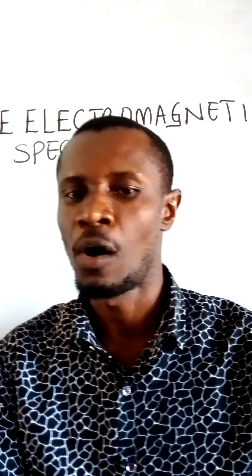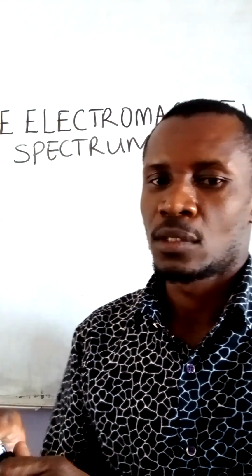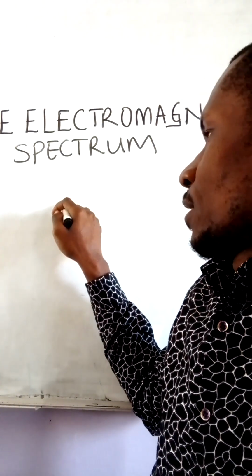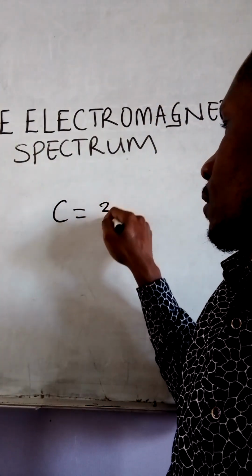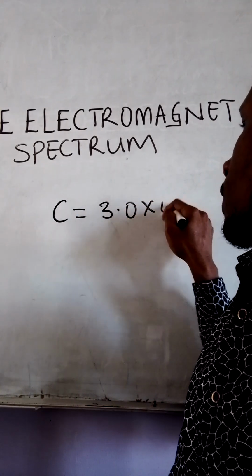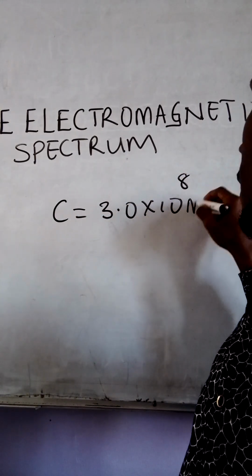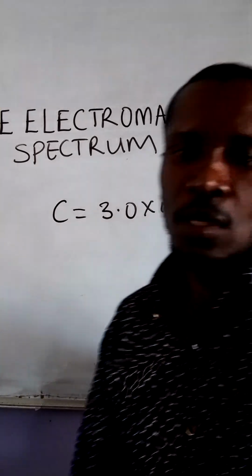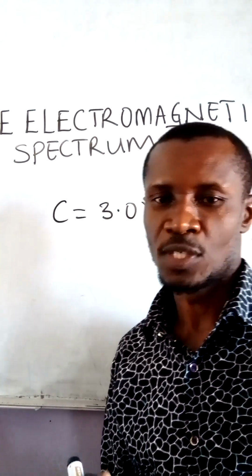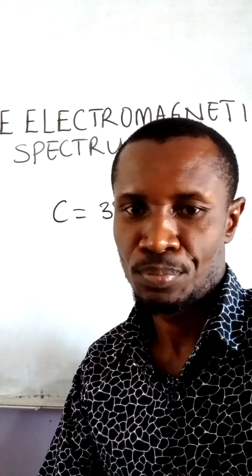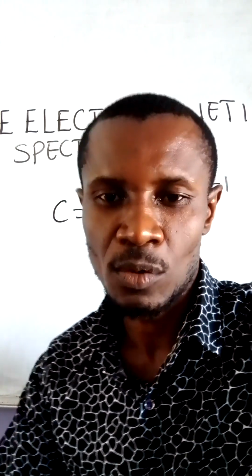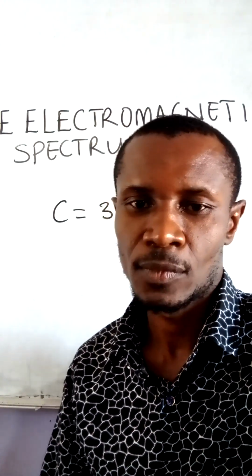In vacuum, all the electromagnetic waves travel at the speed given by c = 3.0 × 10^8 meters per second. So this is the numerical value of the speed traveled by all electromagnetic waves in vacuum.